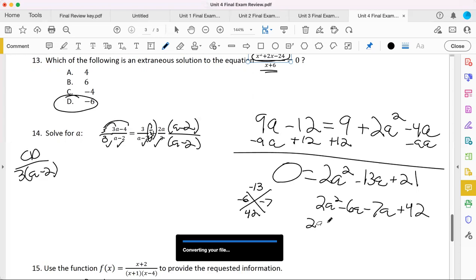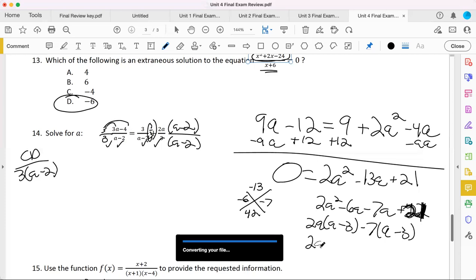Factor out 2a, leaving a minus 3. Factor out... ooh, don't tell me I made a blooper. Sorry, this is 21. Yeah, good eye, 21. Don't need the 42 anymore. So then factor out -7, leaving you a minus 3 again.